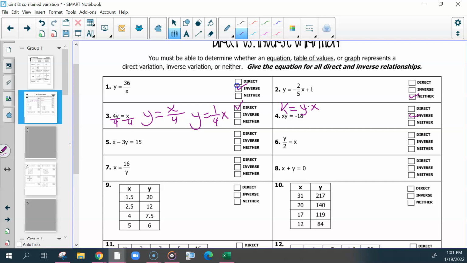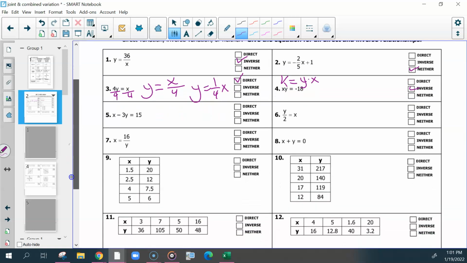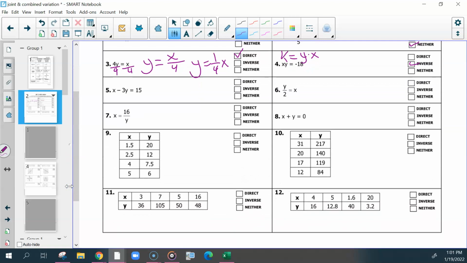Right, let's skip around to number 9. We'll just do one of these tables. If you think it's inverse, multiply them, see if they are all the same. If you think it's direct, start dividing y over x, see if they're all the same. And tell me which one it is.